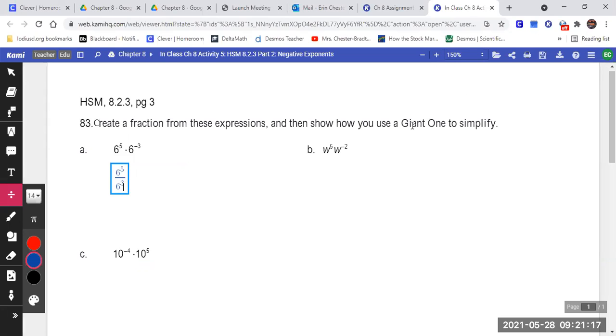Then we're going to spread it out. That's the giant one part. So what's the top going to be spread out to look like? What's the bottom going to be spread out to look like? Spread it out. What's the top going to spread out to look like? Let's start with that.